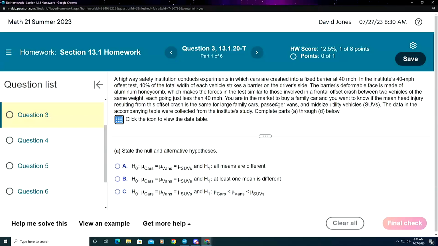You are in the market to buy a family car, and you want to know if the mean head injury resulting from this offset crash is the same for large family cars, passenger vans, and mid-sized utility vehicles. That seems pretty important. How likely are you to get a head injury in a head-on collision at 40 miles per hour? I'm guessing pretty good. 40 miles per hour is not slow, and if you're both doing it, it's a cumulative effect. It's like you hit something going 80.